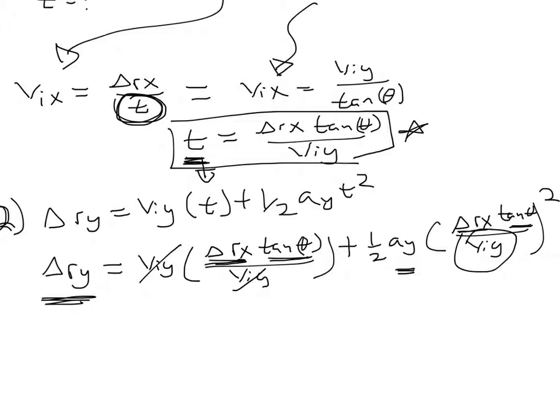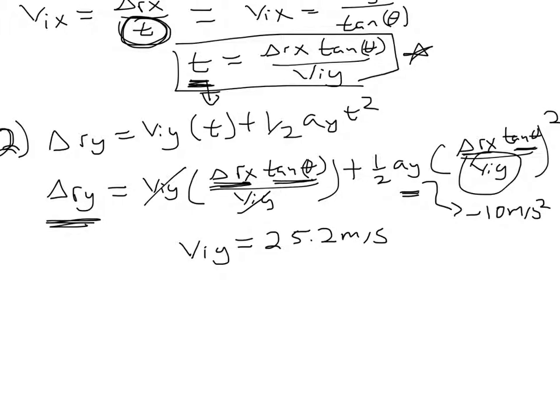So we can rearrange this equation and solve for the initial velocity in the y direction. And when we do, we find that the initial velocity in the y direction is equal to 25.2 meters per second. And I've assumed that the acceleration in the y direction is equal to negative 10 meters per second squared, rather than negative 9.81. So when you do this problem on your own, be sure to use negative 10 as your acceleration in the y direction.